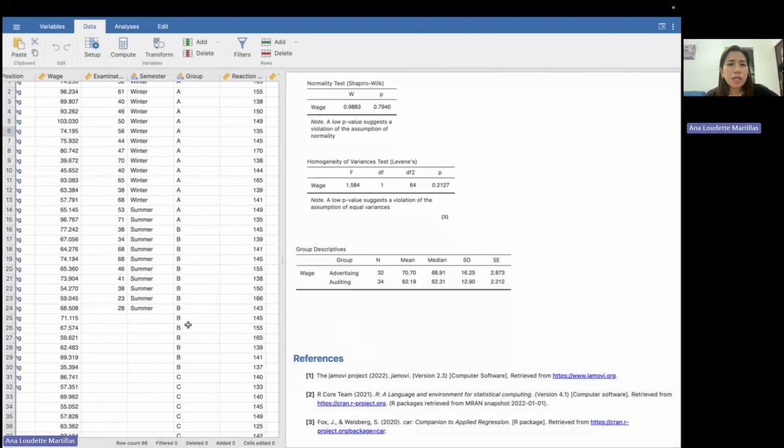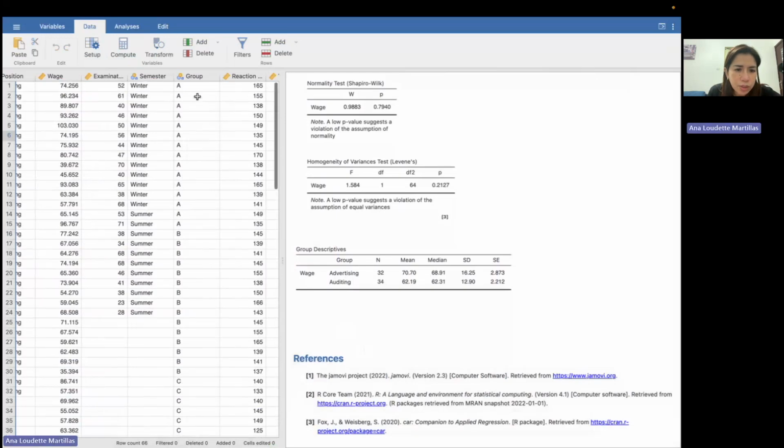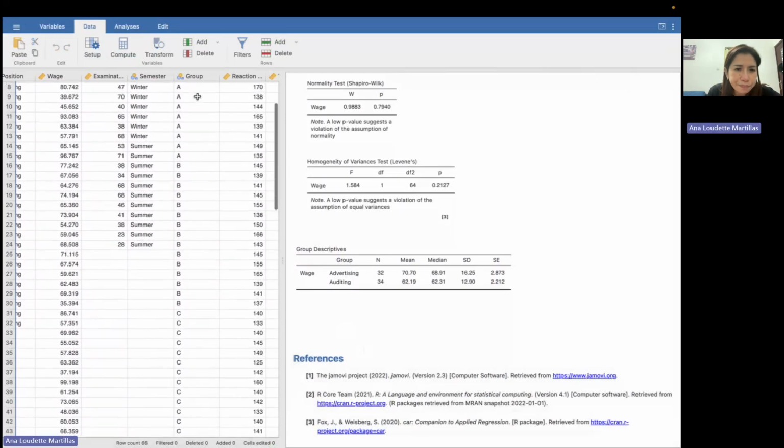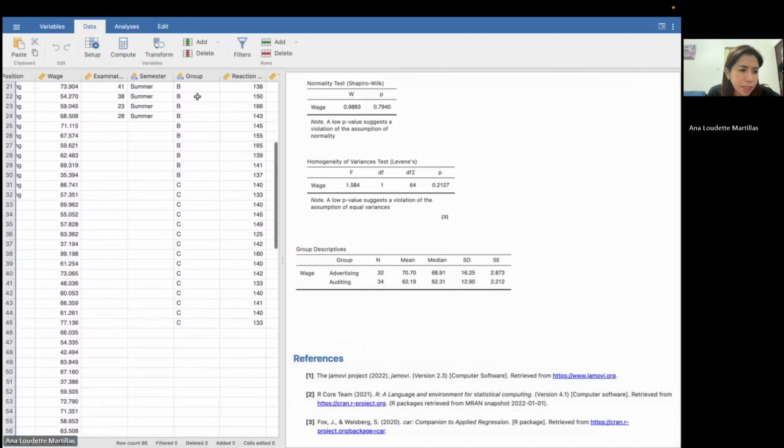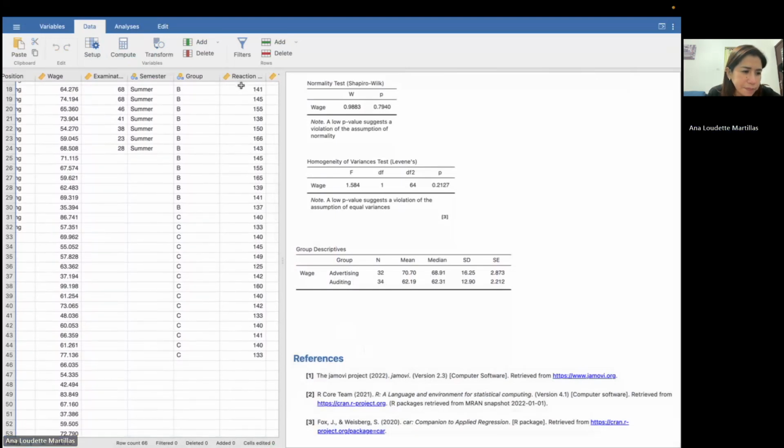So the first step to be done is you open your Jamovi, create two columns. First is group, where you enter all of Group A, Group B, and Group C. Then on the next column, you can name it reaction.